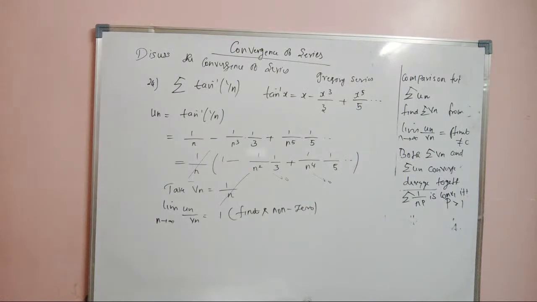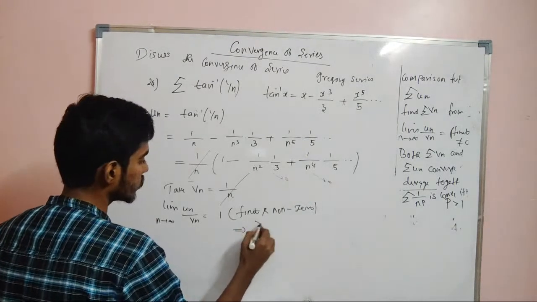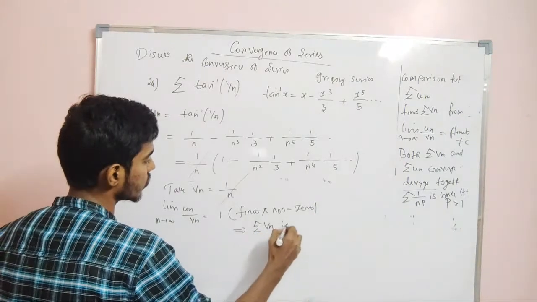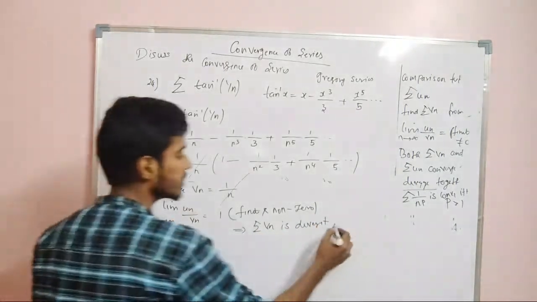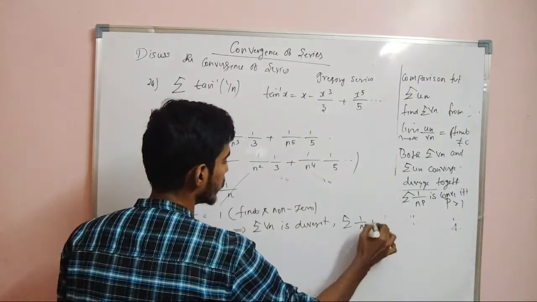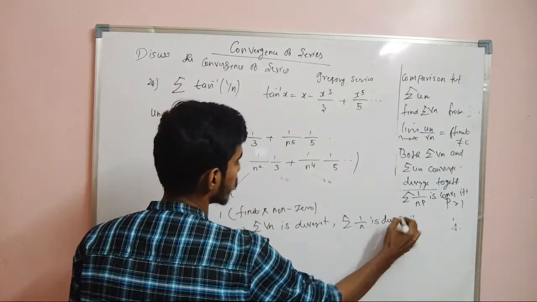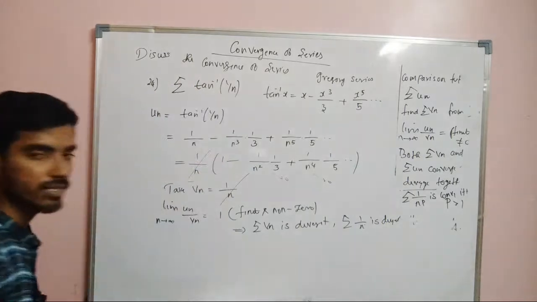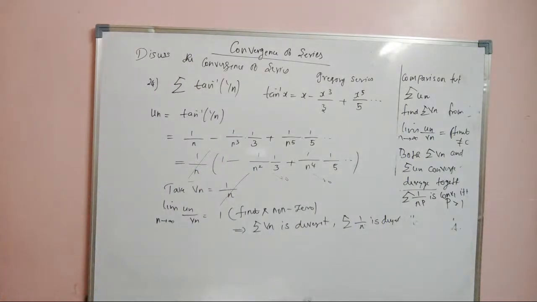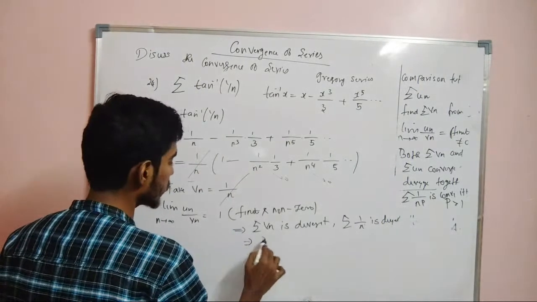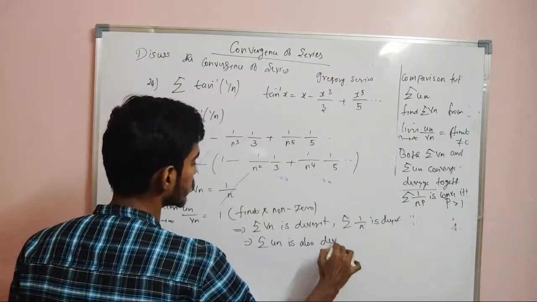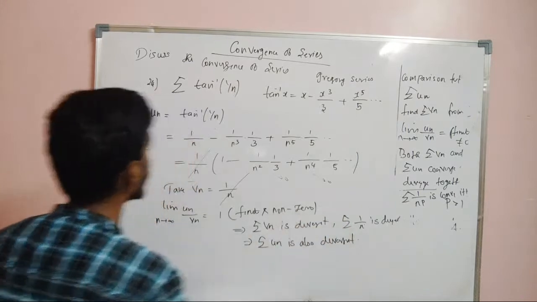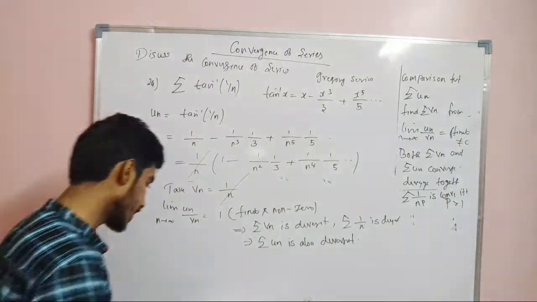Since summation Vn is divergent, because summation 1 by n is divergent. Summation 1 by n to the power p is convergent if and only if the power of n is strictly greater than 1. So therefore summation Vn is divergent, and therefore summation tan inverse 1 by n is also divergent.